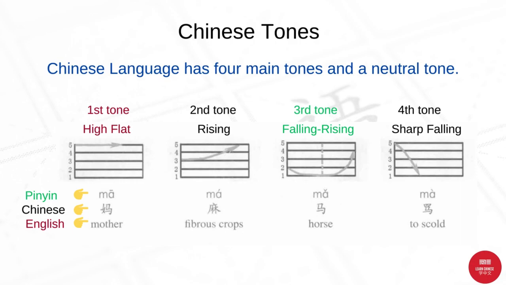Like I'll pronounce the first tone, ma, that is mother. The second tone, ma, that is hemp, a fibrous crop. The third tone is ma, that means horse. The fourth tone is ma, that means to scold. So, by changing the tone, the meaning changes in the Chinese language.